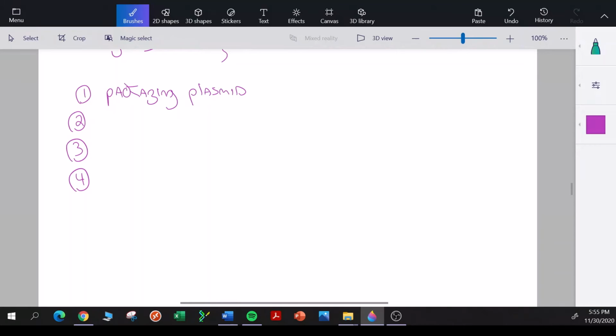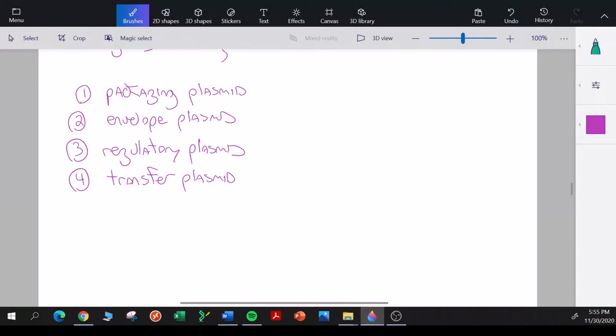So there's the packaging plasmid, the envelope plasmid, the regulatory plasmid, and the transfer plasmid.